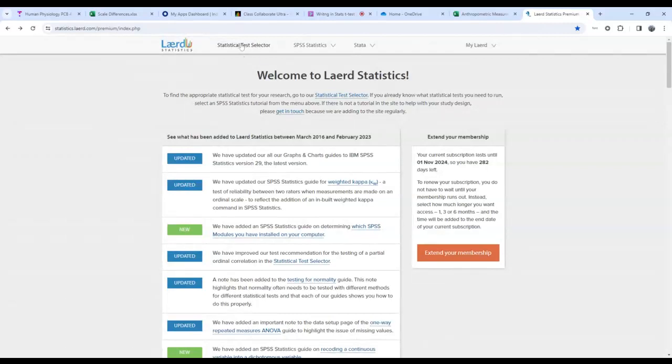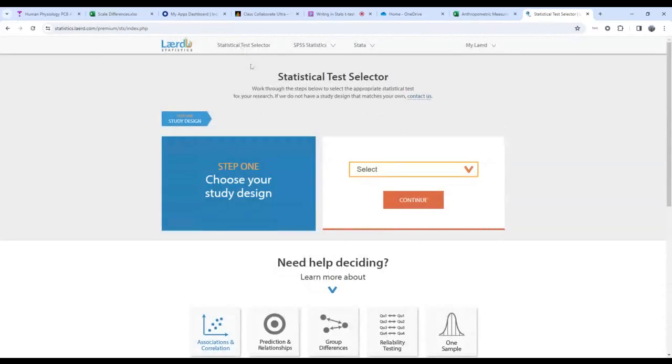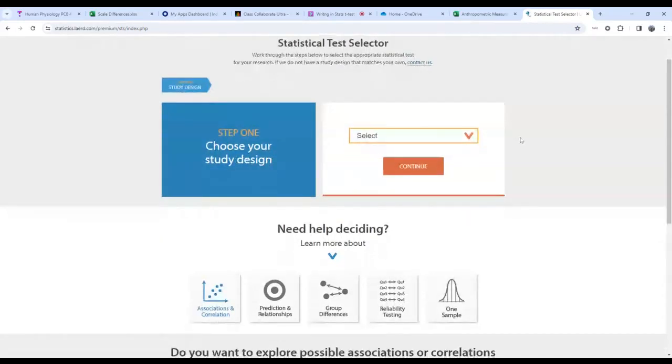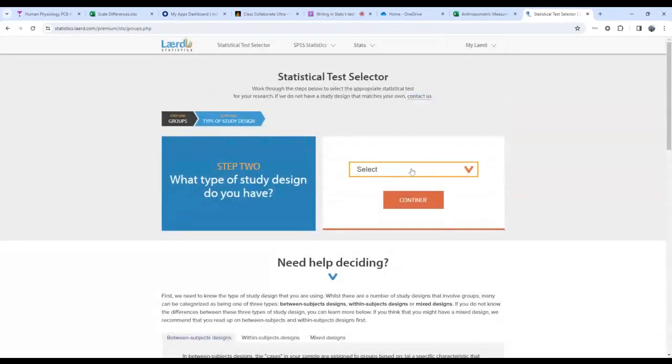Okay. So one cool thing is the statistical test selector. If you're designing your research or you're not exactly sure what tests to do with the data you've collected, this will help you. So if I'm looking for group differences, like we've been doing in class, click that, continue. What type of study design do you have? Between subjects, within subjects, or between and within.